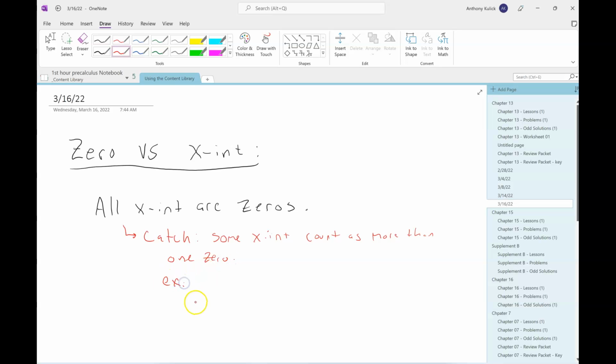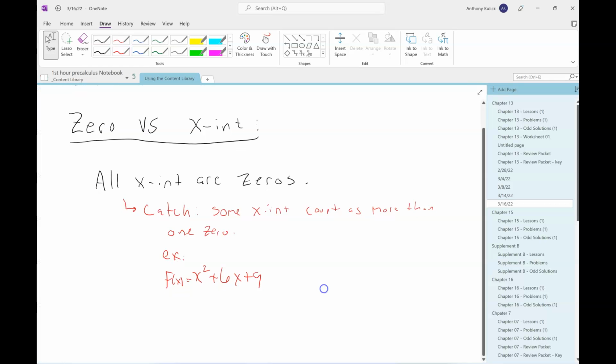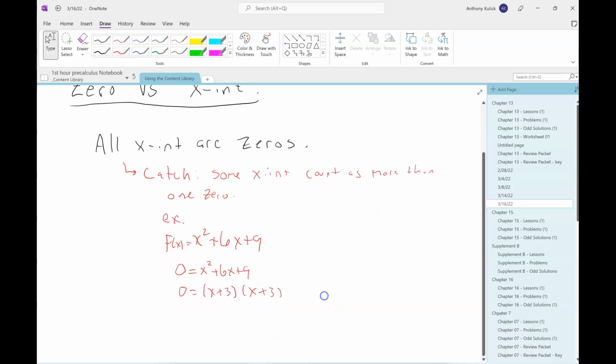So for example, let's say we have the polynomial x squared plus 6x plus 9. If I want to find the zeros for that, I set it equal to 0 and I solve. You could solve this by factoring. The two things that multiply to give you 9 and add to give us 6 are x plus 3 and x plus 3. So when I solve this, I get the solution x equals -3 twice.